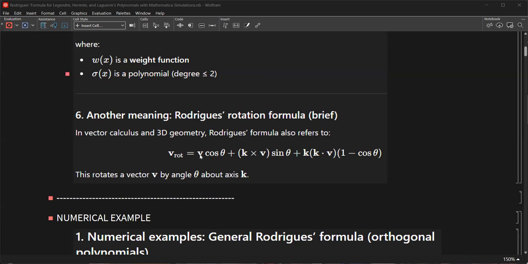This is the rotated vector: the given vector v times the cosine of the angle, plus the cross product of k and v times the sine of the angle theta, plus k times the dot product of k and v times 1 minus cosine of the angle. Here k is the axis of rotation and v is the given vector. So this rotates a vector v by angle theta about k.